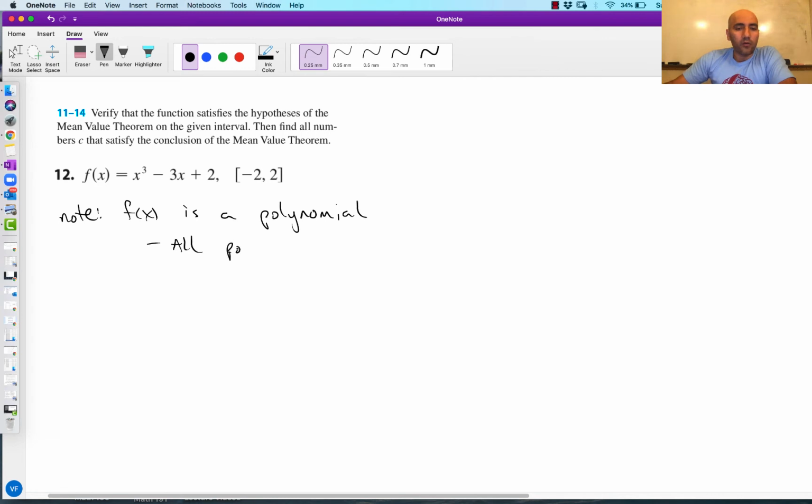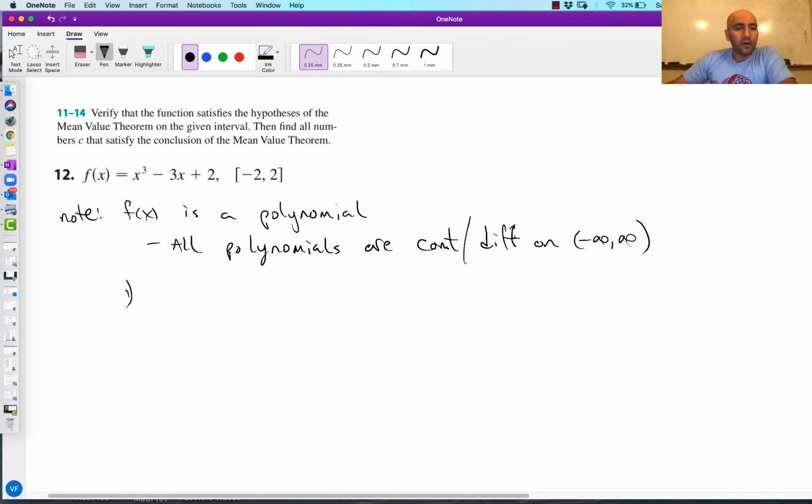All polynomials are continuous and differentiable on all real numbers, from negative infinity to positive infinity. So that makes this pretty easy.